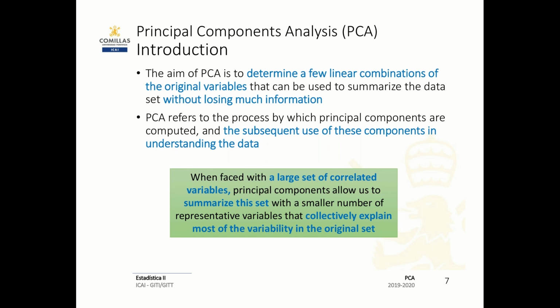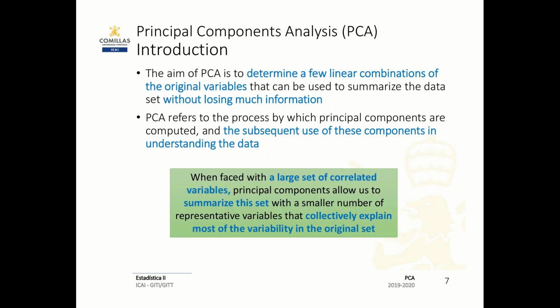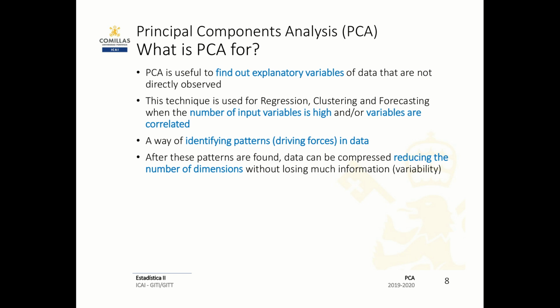And then this is also used as a summary when you have a large set of correlated variables. So you can imagine that these 200 weather stations are very much correlated to each other because they record similar information. So PCA is used to find explanatory variables, so summary variables.